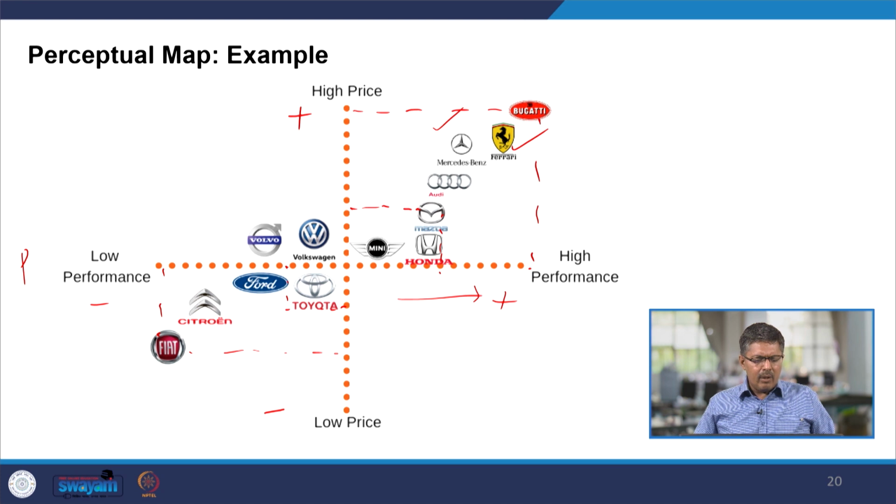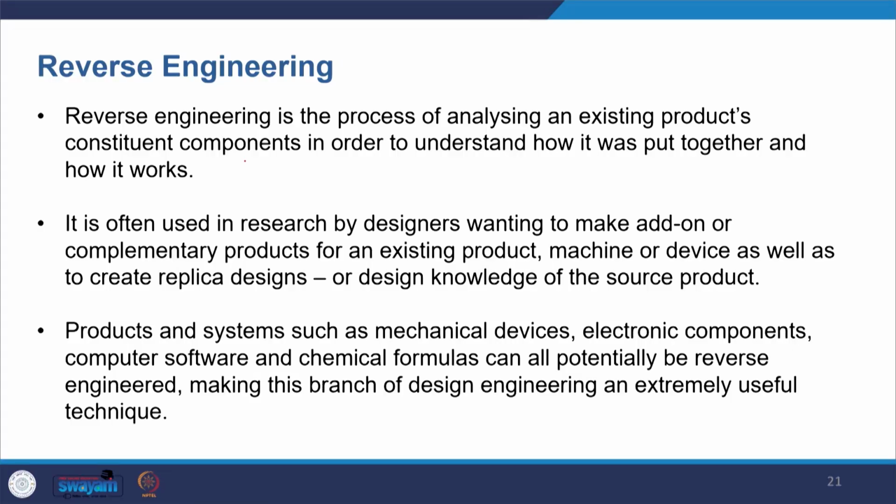Then we would be more worried and would try to take corrective action, but if you do not do any such exercise, you will not be able to understand the requirement of the customer. As the name suggests, perceptual mapping helps in understanding the perception of the people for a range of products.